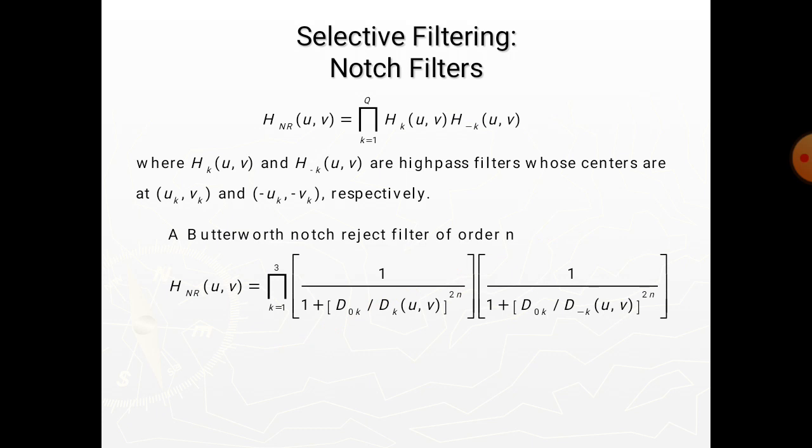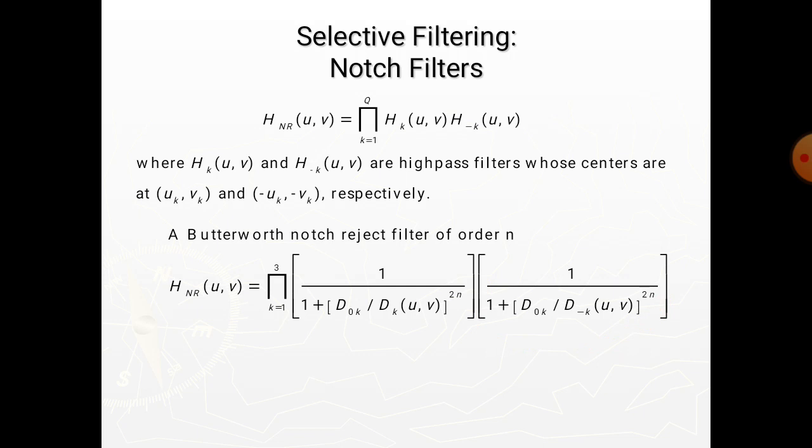So for example, the following is the Butterworth notch reject filter of order n containing 3 notch pairs. H_NR(u,v) is equal to the product for k equal to 1 to 3 of 1 upon 1 plus [D0k by D_k(u,v)] raised to 2n, into 1 upon 1 plus [D0k by D_minus k(u,v)] raised to 2n, right, where D_k and D_minus k are the distance functions.